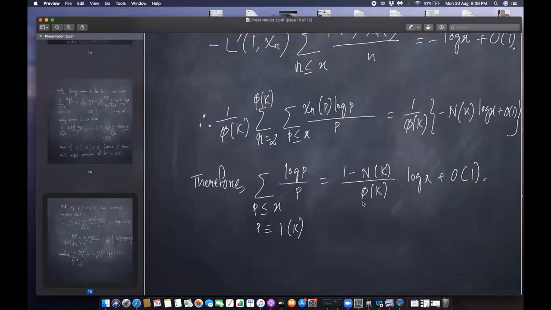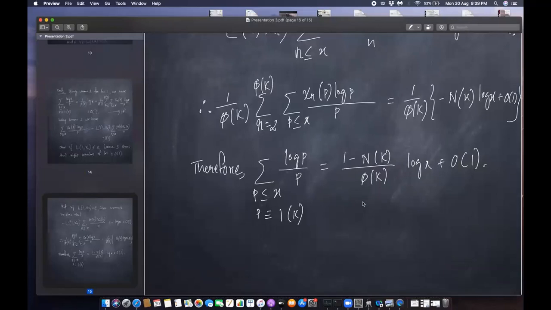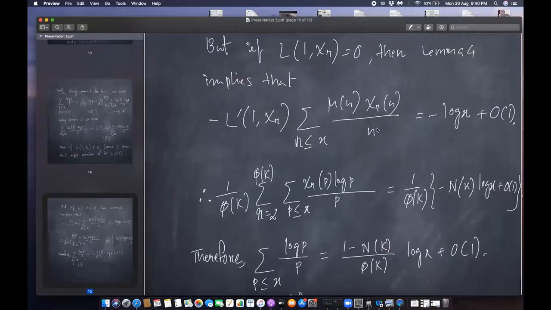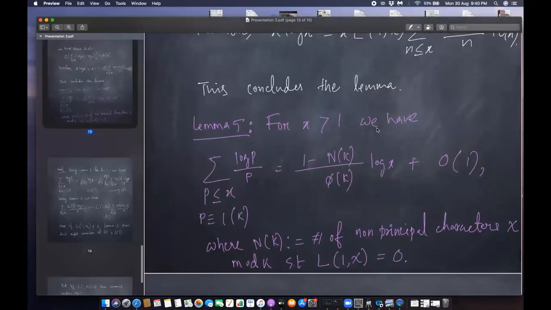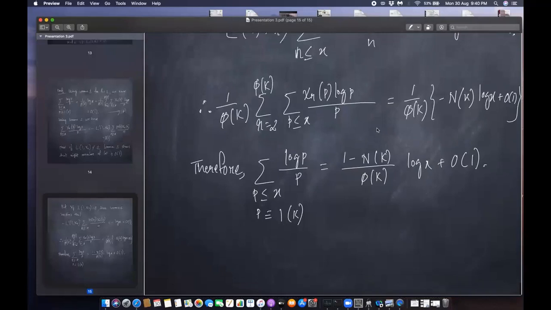So after getting all the calculations in this last lemma, lemma 5, if we combine all the lemmas 1, 2, 3, 4, we obtain like this. And since n of k equals 0, this would be equal to this.